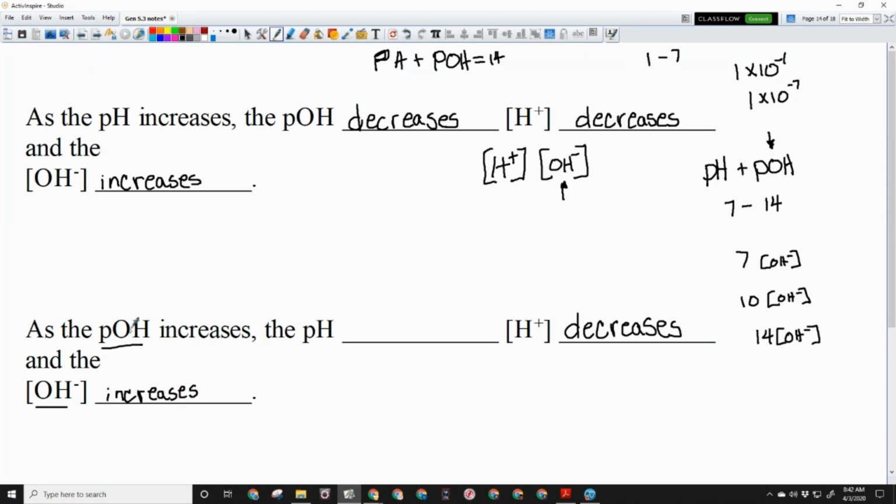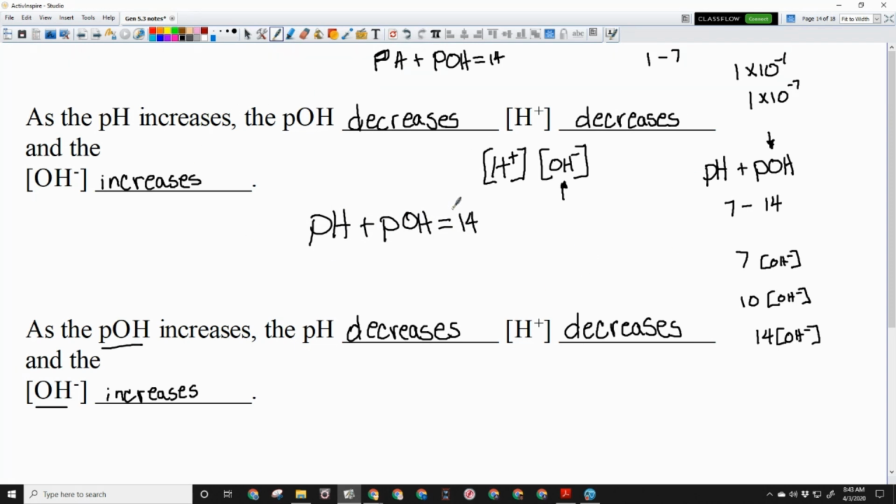Okay, and as the pOH increases, the pH decreases. Because remember, you add those two together and you get 14. So as this number is getting bigger, this number has to get smaller, because pH plus pOH is equal to 14. So you kind of have to stop and think about these.